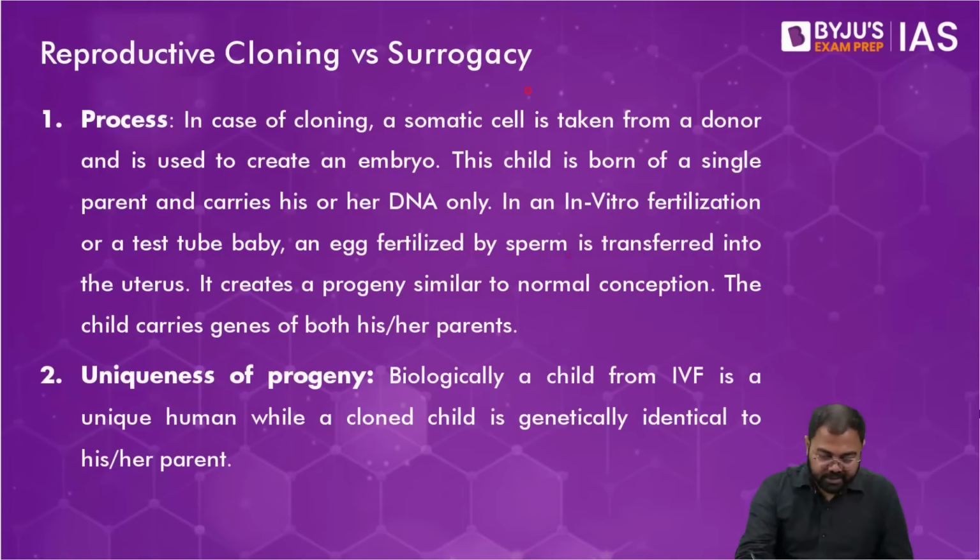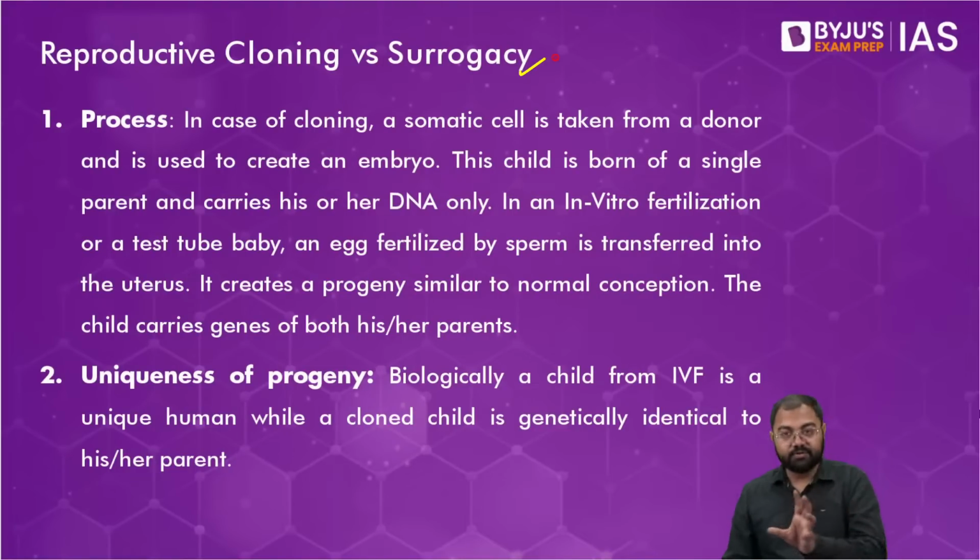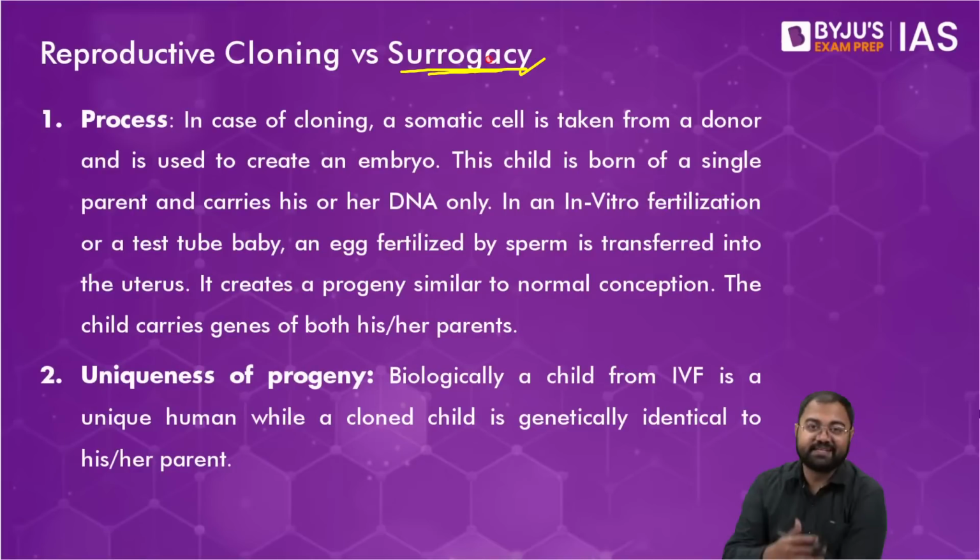Then also, to understand and not to confuse, the difference between reproductive cloning versus surrogacy. Surrogacy is something that you also call test tube baby and in vitro fertilization. So how is that process different? We know that in the case of reproductive cloning, you are using the cells from one single parent and you are trying to replicate that.